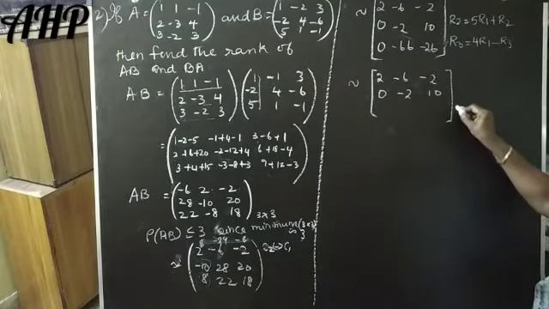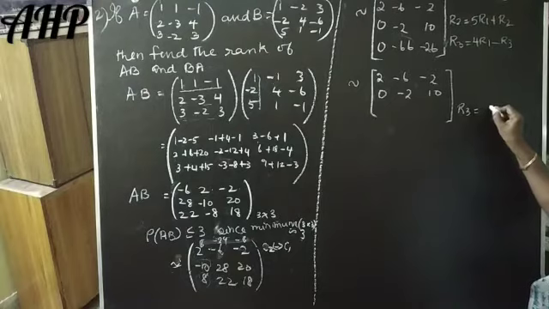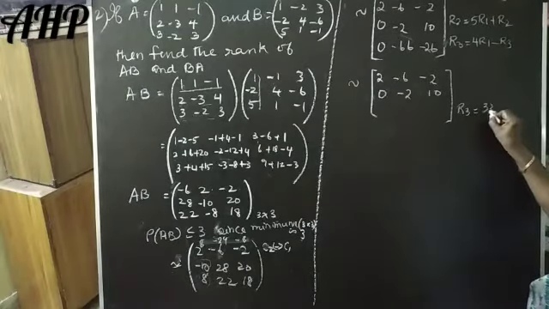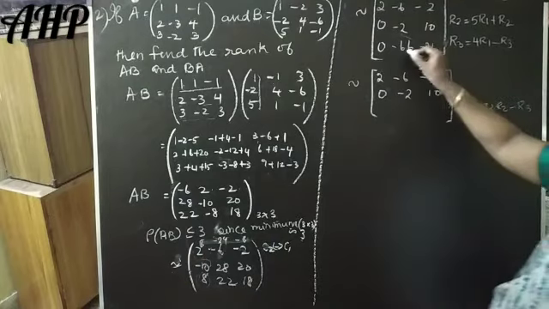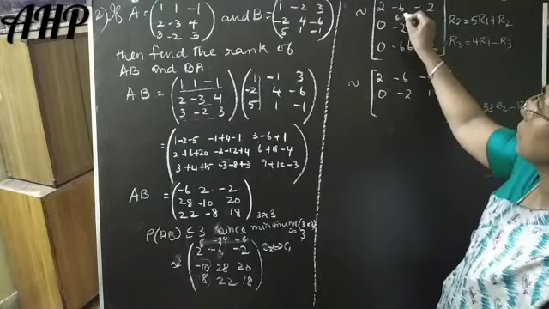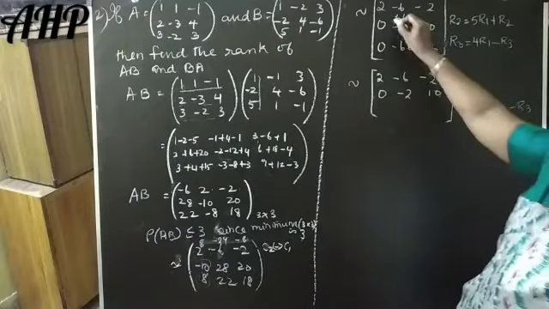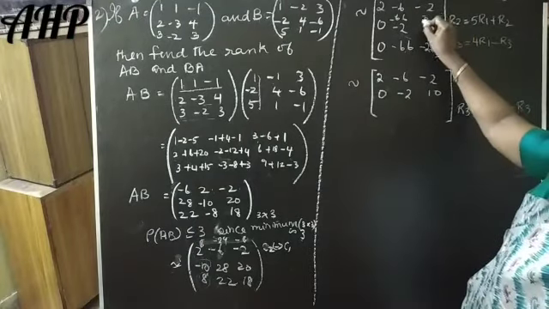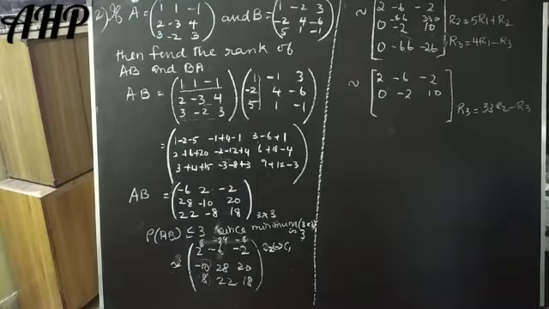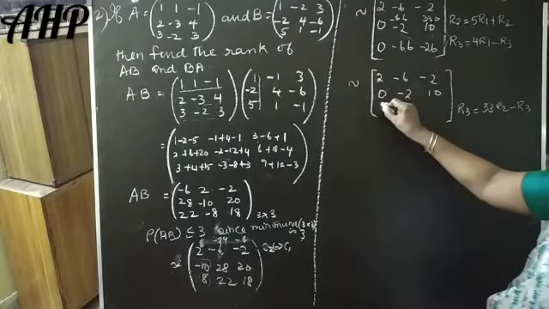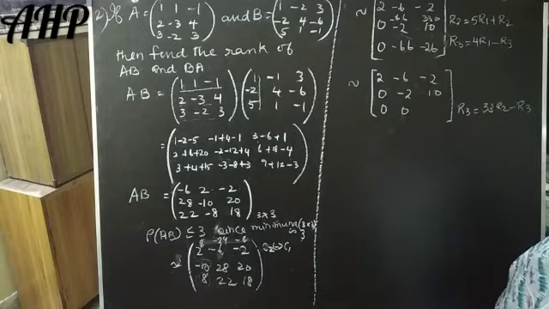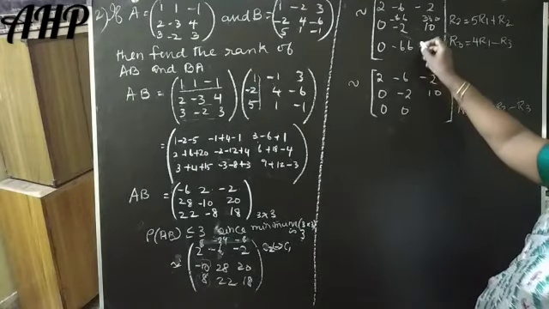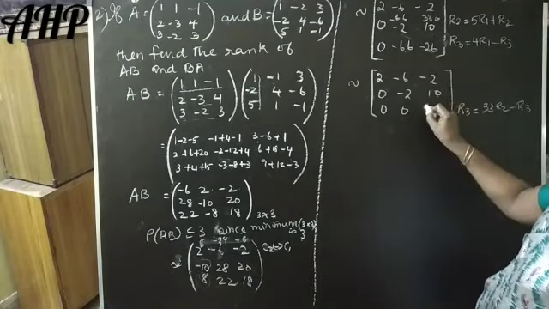Now here R3 is equal to 33R2 minus R3. So multiply 33, you get 66 minus 66. 33 times 10, you get 330. So you are going to get 0, 0, and 330 minus 26, minus will become plus, so 356.